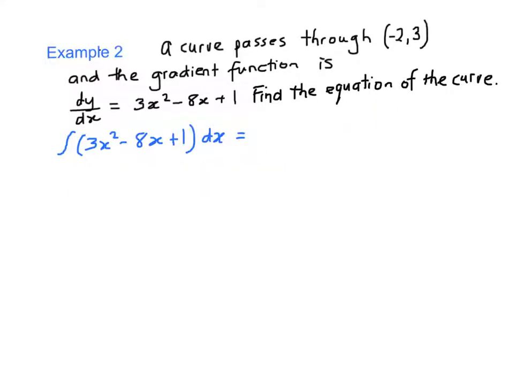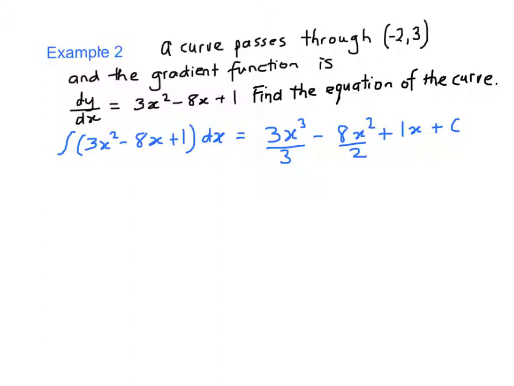Here we're told, this is the kind of example you'll be given, a curve passes through the point negative 2, 3, and the gradient function is this function here. Find the equation of the curve. So in blue here are my workings. I'm going to integrate the gradient function, and so I'll end up with 3x to the power of 3 divided by 3 minus 8x to the power of 2 over 2 plus 1x plus c.